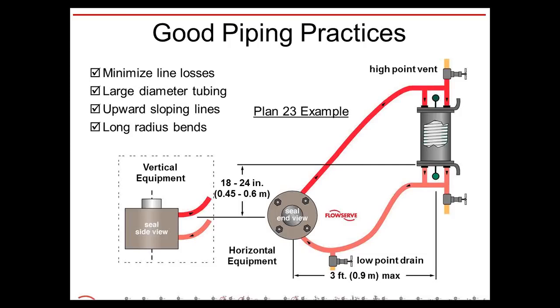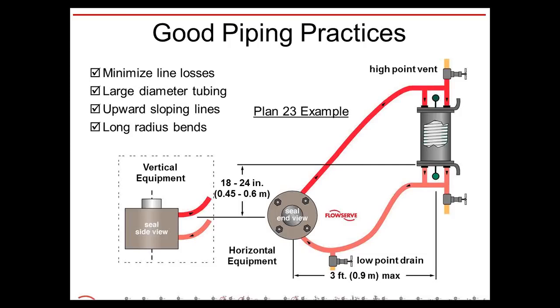will not work properly. Now, as you can see here, from the midline of the seal itself, you can be no more than about 3 feet out. That's the max.